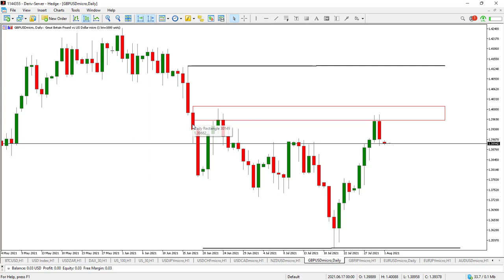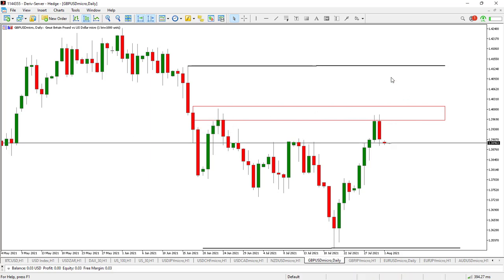Whenever they test and close below, we don't buy this market. But whenever they break this last wick of the third candle and close above, then we start to look for a bullish move, because now the market is telling us that the last third candle is starting to be weak.